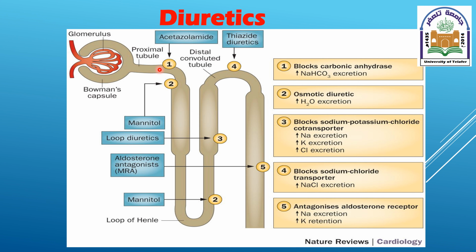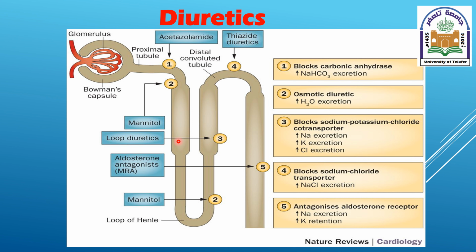The initial segment of the renal tubules, known as the proximal convoluted tubule, absorbs about 65% of the filtered water, sodium and chloride, 100% of the filtered glucose and amino acids, and 85 to 90% of bicarbonate. All of them will be reabsorbed at the proximal convoluted tubule.